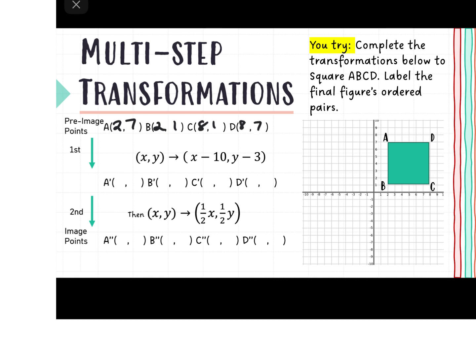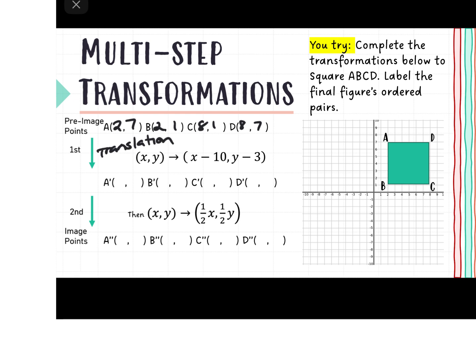Okay. Now, first, it's asking us to perform this translation. So let's go ahead and calculate our points and then graph them. If we're translating minus 10 for the x values and minus 3 for the y values, I just need to perform this numerical operation on every ordered pair up here.